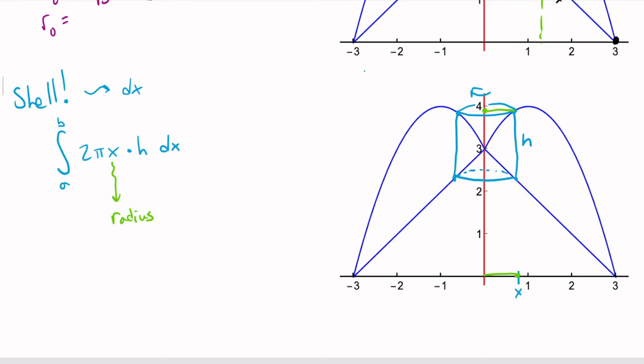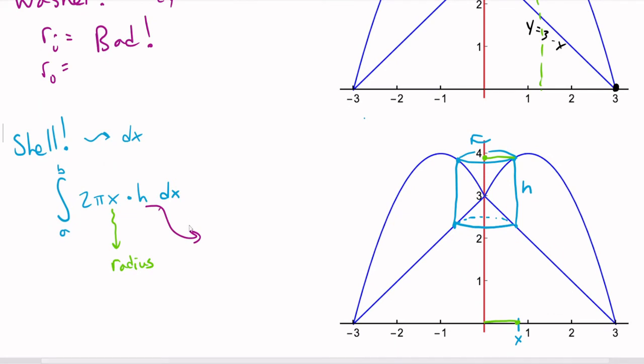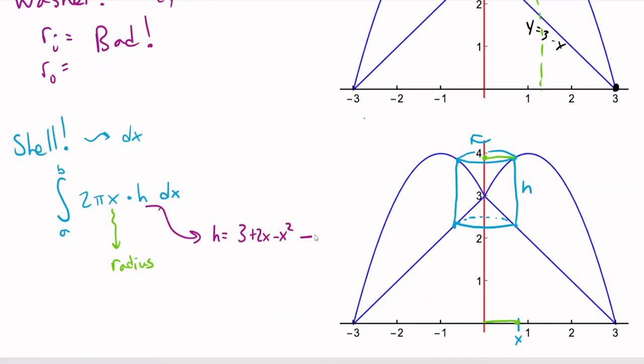So the height here becomes my parabola, which was 3 plus 2x minus x squared. So h equals 3 plus 2x minus x squared minus, and then this line, which, if we remember, was y equals 3 minus x.